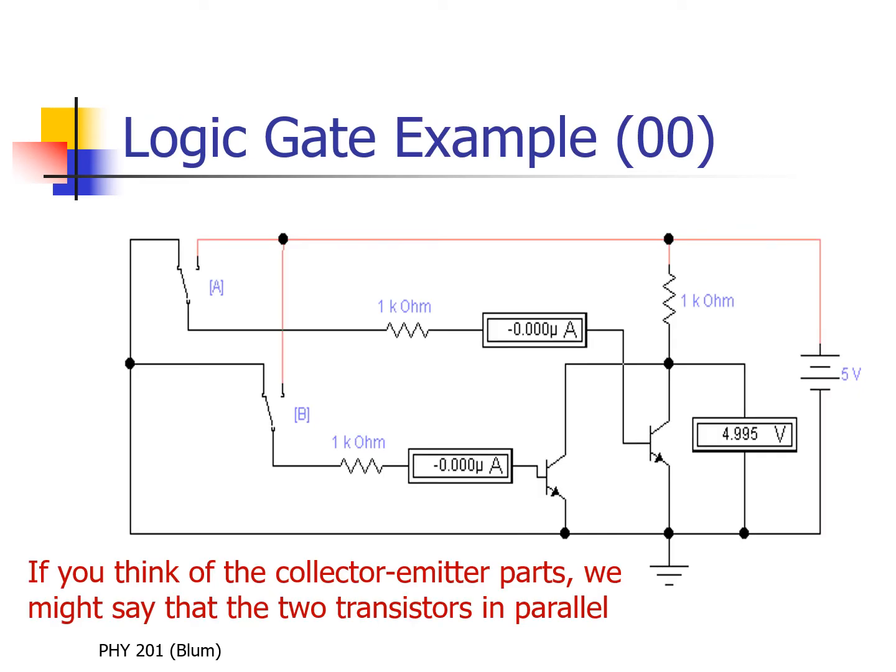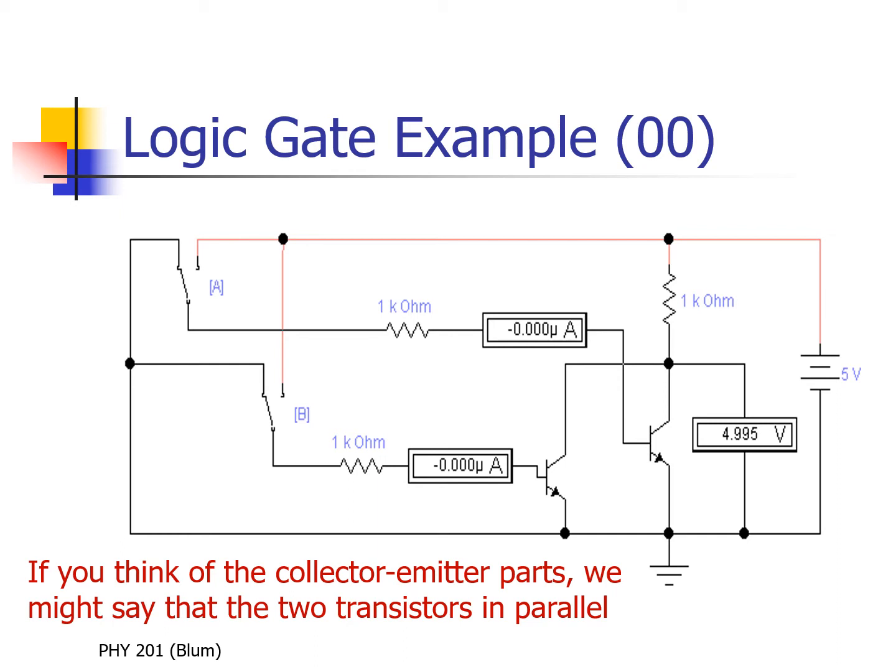We have two transistors, three resistors, and two switches. The switches A and B can connect to high or low, so they are our binary input. Input A is connected to the base of the transistor on the right, and input B is connected to the base of the transistor on the left.